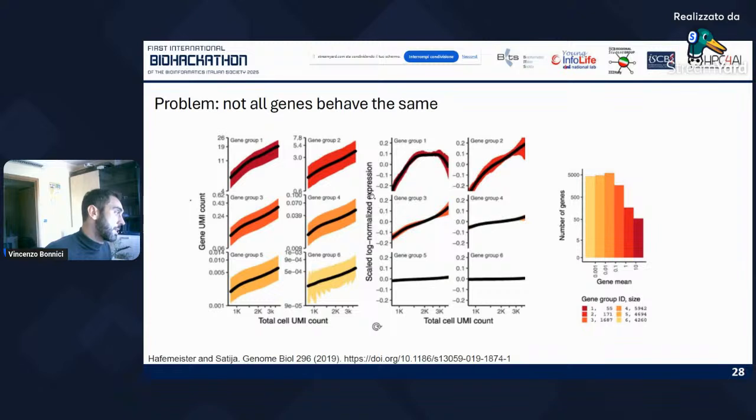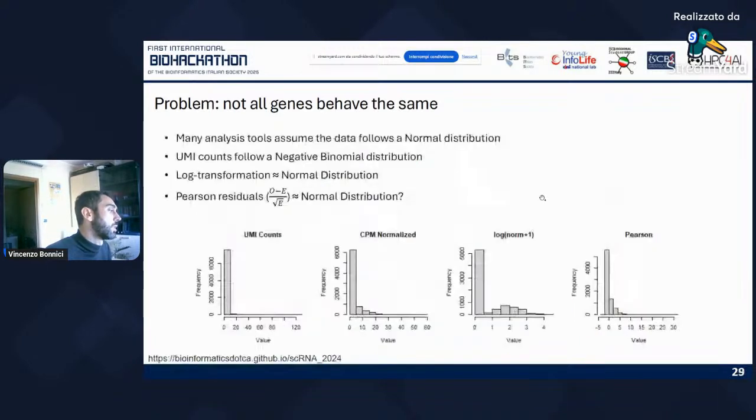So some genes look like the gene expression is proportional to the total UMI count. Actually, if you log normalize them, you see that there are some differences. And usually the tools have to take into account these facts. One working technique is to use Pearson residuals.